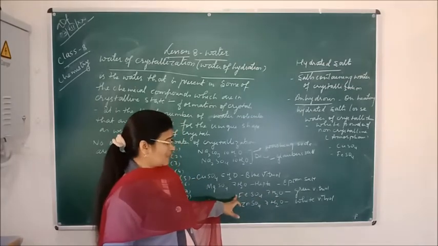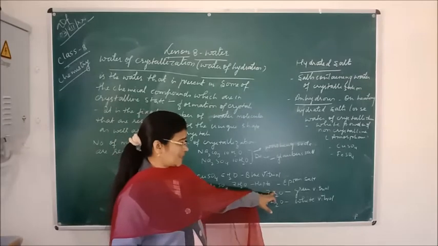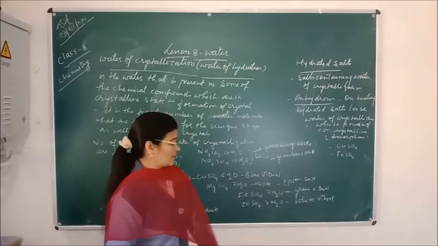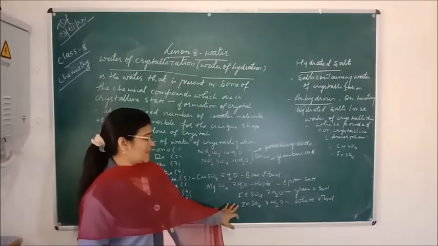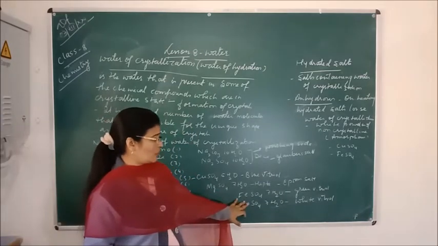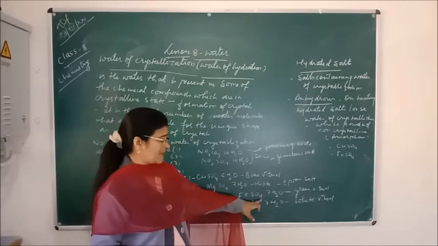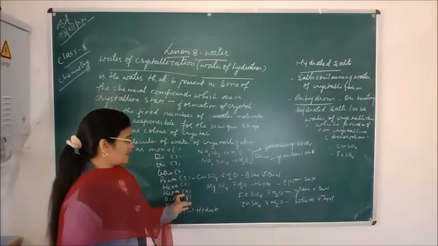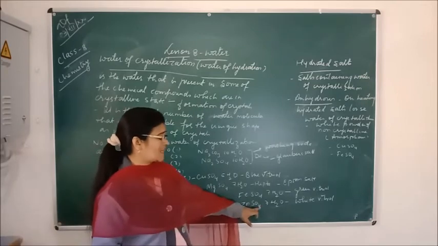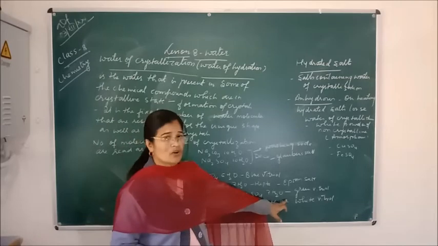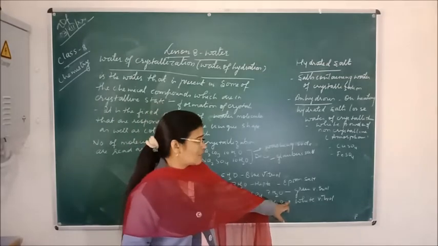So it is called ferrous sulfate heptahydrate, and in common name it is called green vitriol. Another example we can take is zinc sulfate, ZnSO4 7H2O. It also has 7 molecules, read as hepta. So zinc sulfate heptahydrate, and in common name it is called white vitriol.